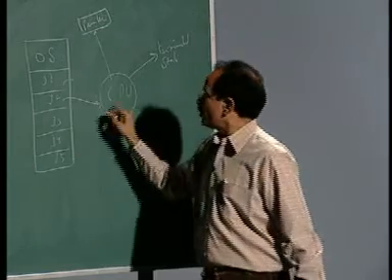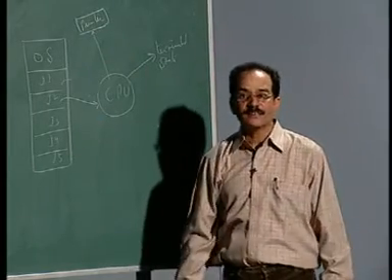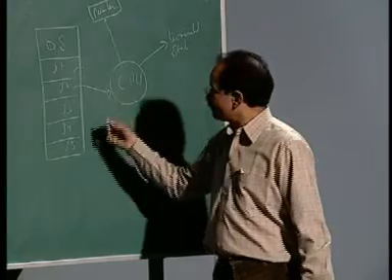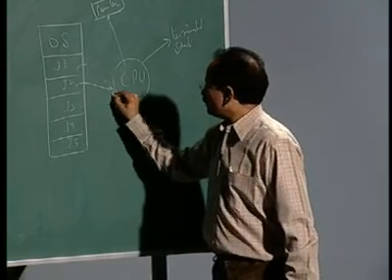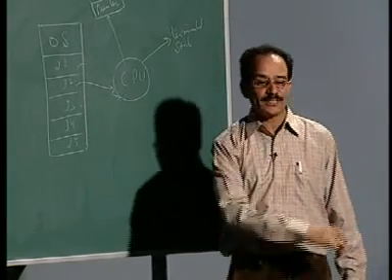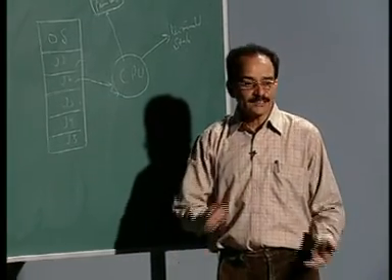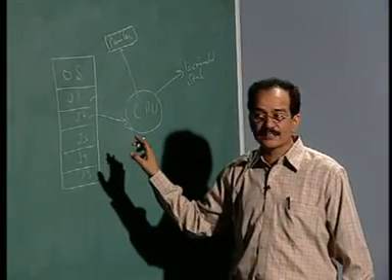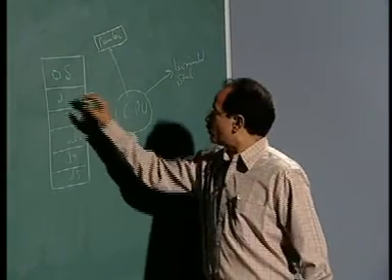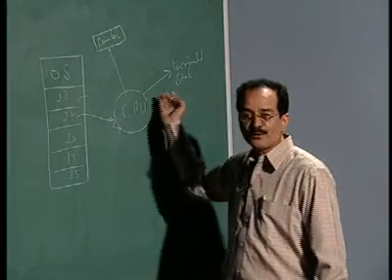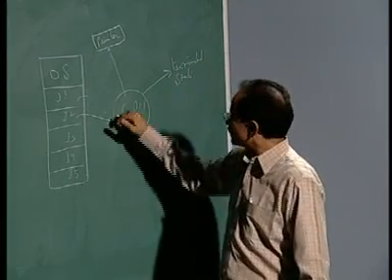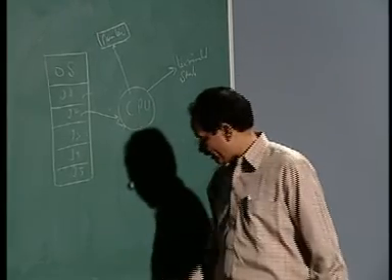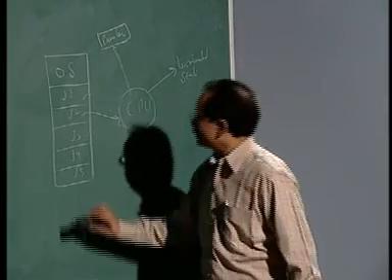The moment this job has gone to the printer, CPU time will not be wasted in this case, because another job will get into the CPU at this stage. This is what we call the multiplexing of the jobs. The moment one job is taken away from the CPU, another job comes into the CPU at the same time. This way I will be saving a lot of CPU time.